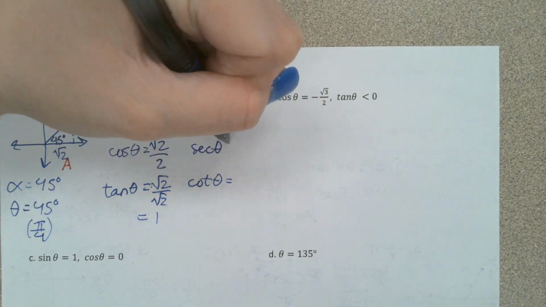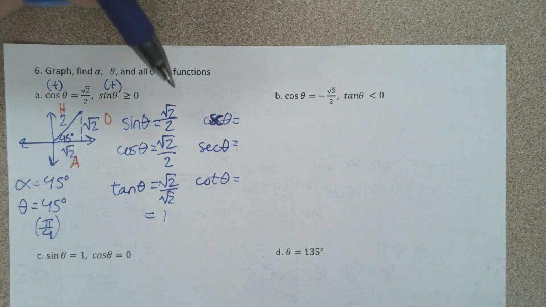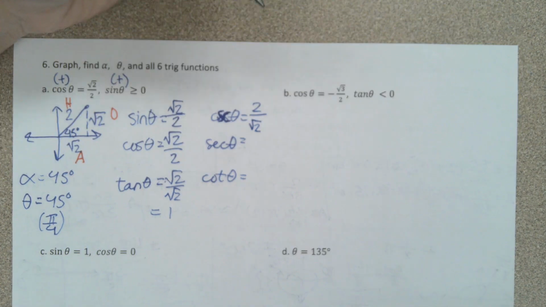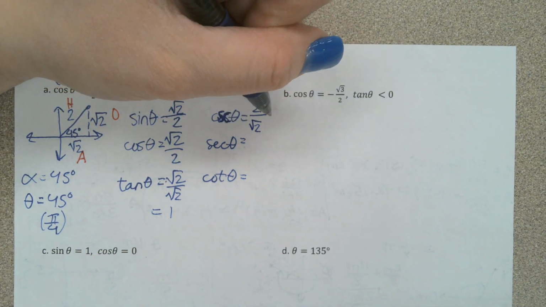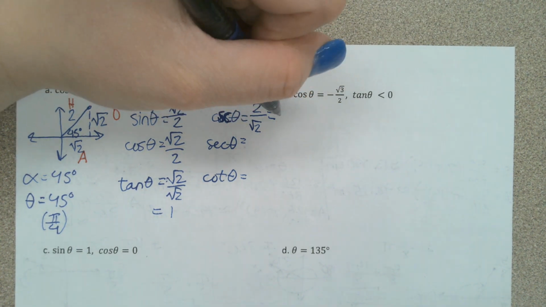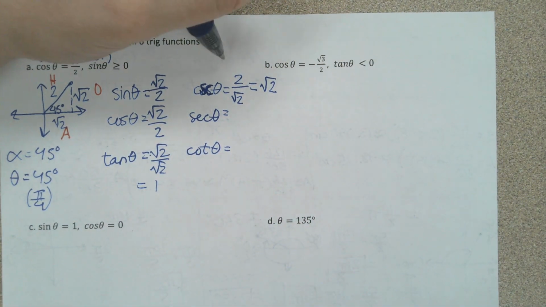Continuing, we're going to find our reciprocals. Cosecant is just the flipped version, 2 over rad 2. If we rationalize the denominator, we are going to end up with just rad 2. I think we just did that here. Oh wait, no, that was different. No, I should get the same.